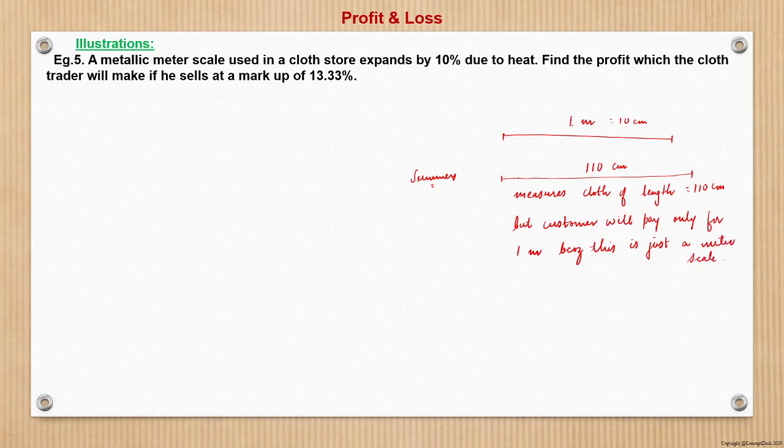Because the customer knows this is a meter scale, so the length of the meter scale will be only 1 meter. So he will be paying for 1 meter cloth only. However, the shopkeeper using this scale would have cut a cloth equivalent to a length of 110 centimeter. So in this case, the shopkeeper would be incurring a loss, right? This will result in a loss to shopkeeper.